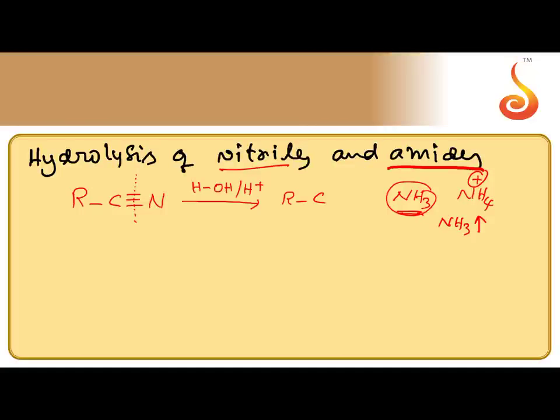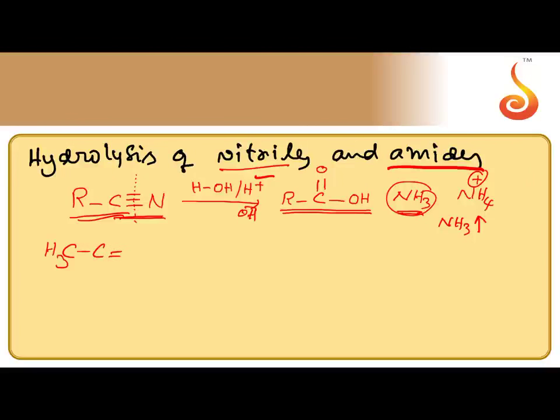So finally, the triply bonded carbon gets converted into carboxylic acid. Attach oxygen through double bond and attach OH through single bond. Then the final product is carboxylic acid. So any cyanide on hydrolysis, either in the presence of acid or base, the RC part will become RCOOH.